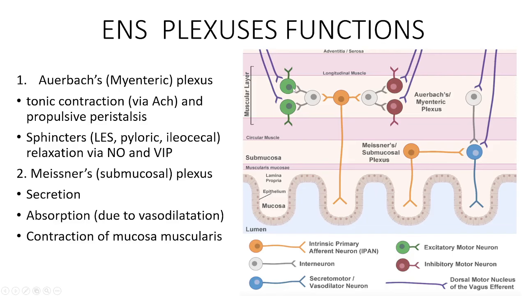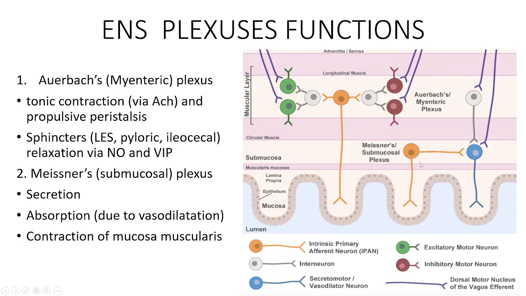Apart from propulsive peristalsis, there are also tonic contractions of sphincters, maintenance of tone, and relaxation of sphincters, which is very important. And when we come to relaxation, the 2 important neurotransmitters for relaxation are VIP and nitric oxide. This is the lower esophageal sphincter. We will be talking about it this week. Also the pyloric sphincter, the ileocecal sphincter.